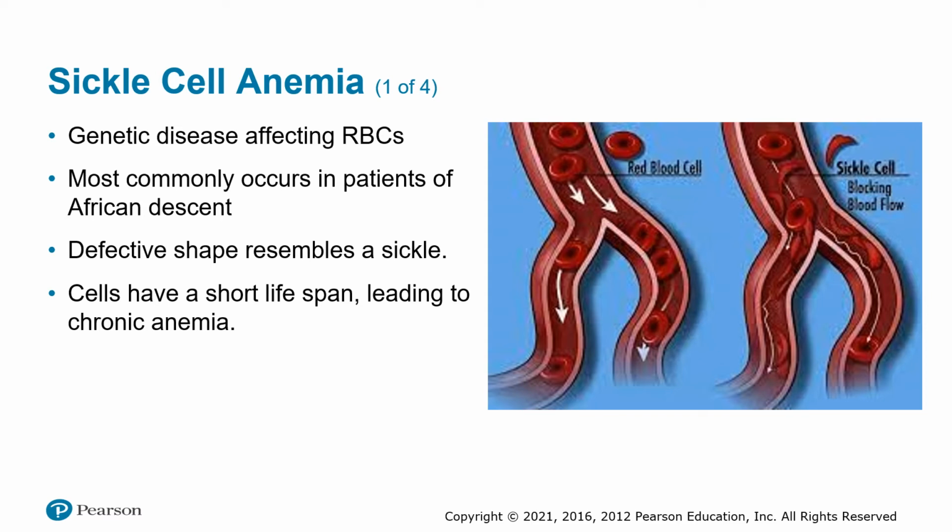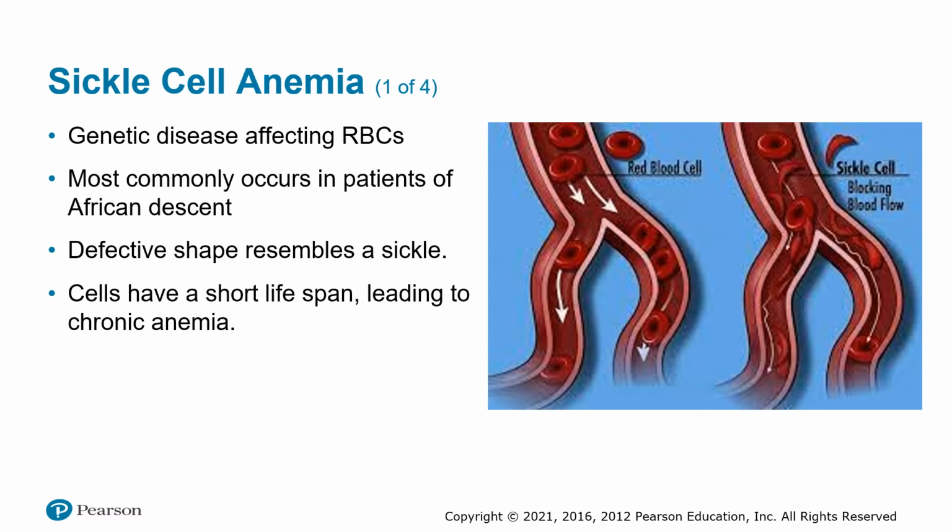Sickle cell anemia, this is a genetic disease affecting red blood cells. This occurs in patients of African descent, and it basically deforms the red blood cell shape and makes it look like a sickle, like cutting grass, or like the Grim Reaper.